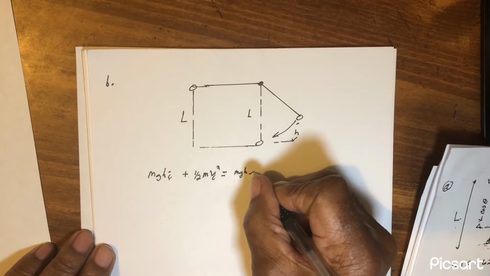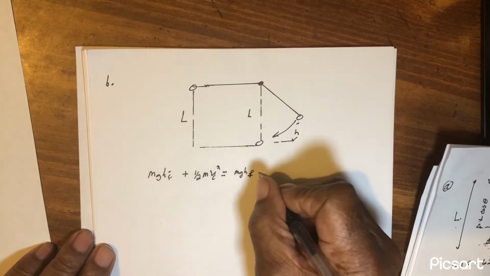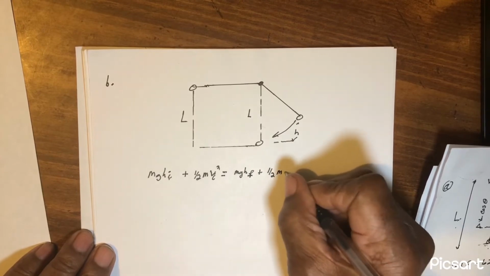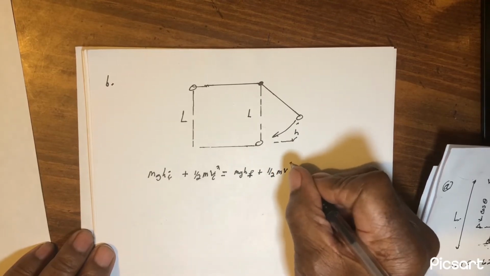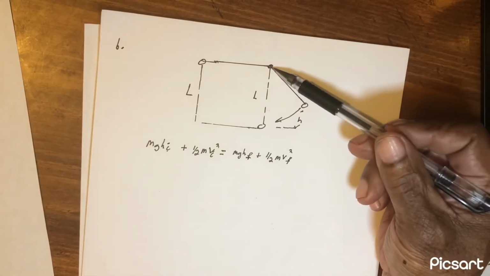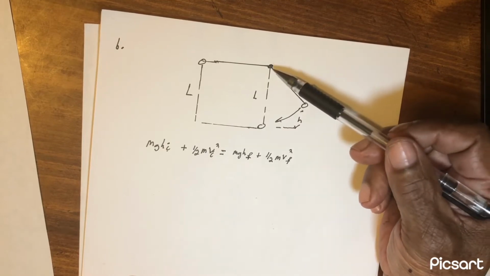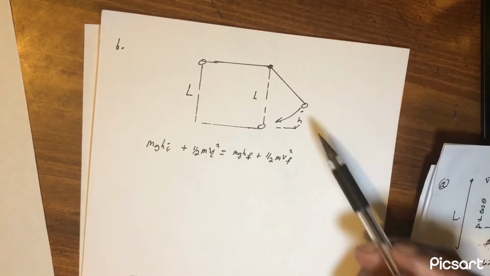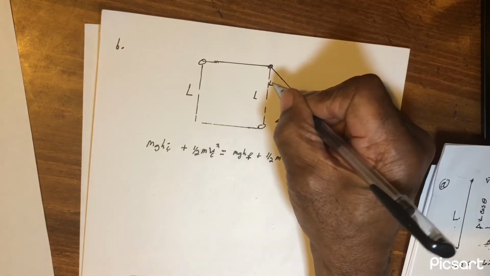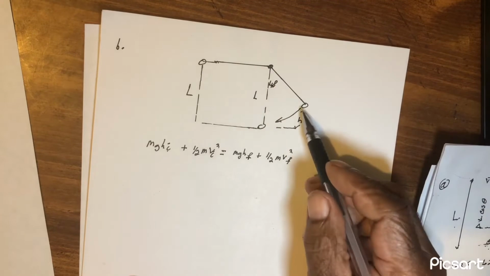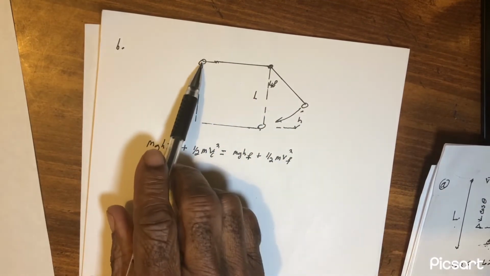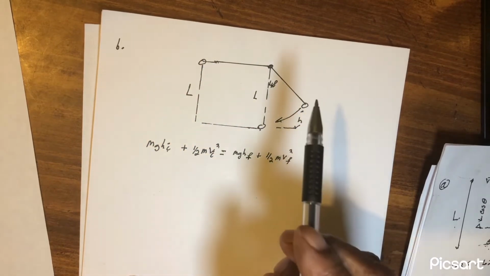mgh final plus 1/2 mv squared final. Well, this is our pivot position. And at this position, we're going to swing from where this is 40 degrees, still 40 degrees, all the way down to the lowest position, up to the horizontal position.